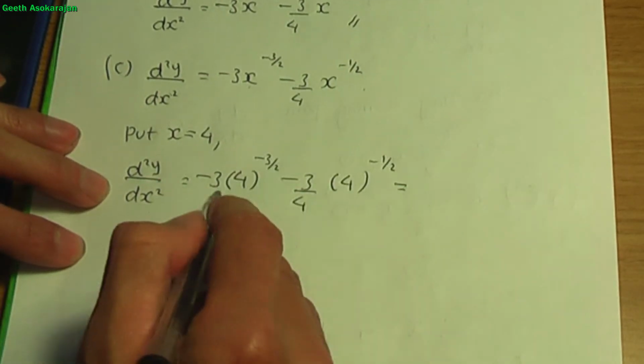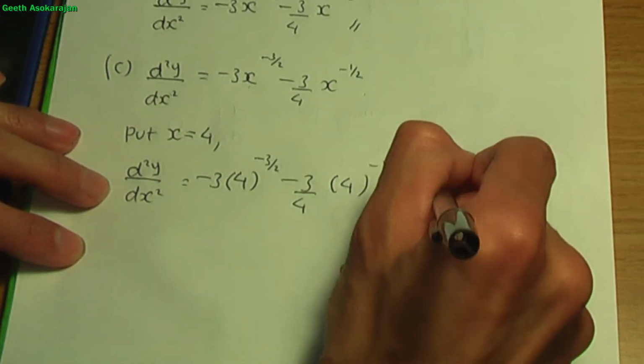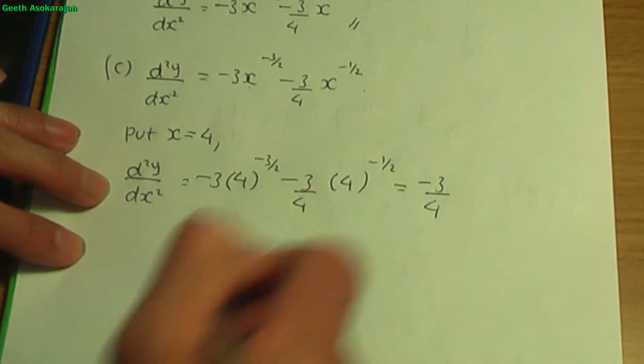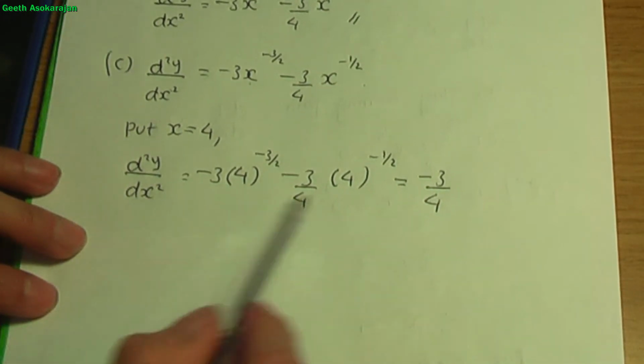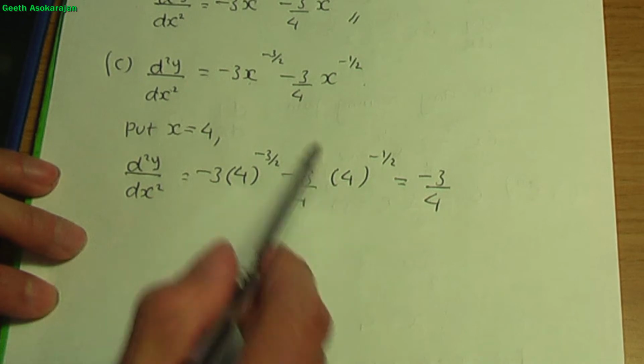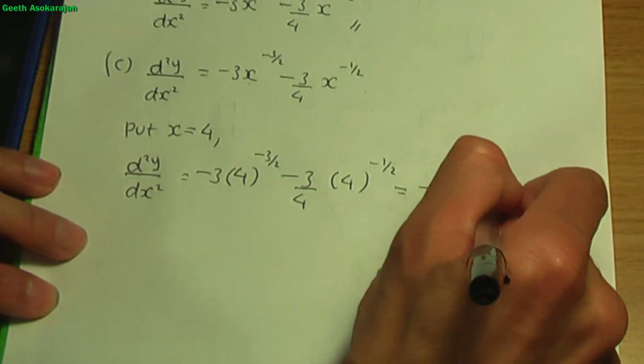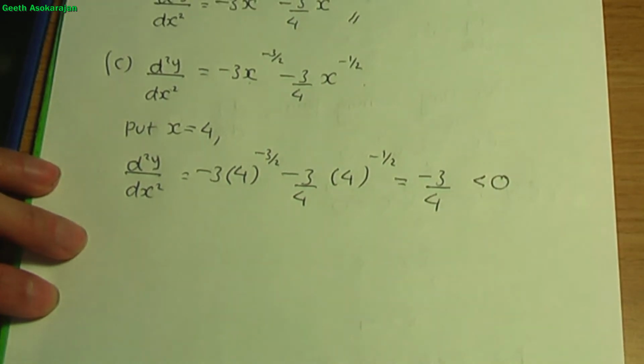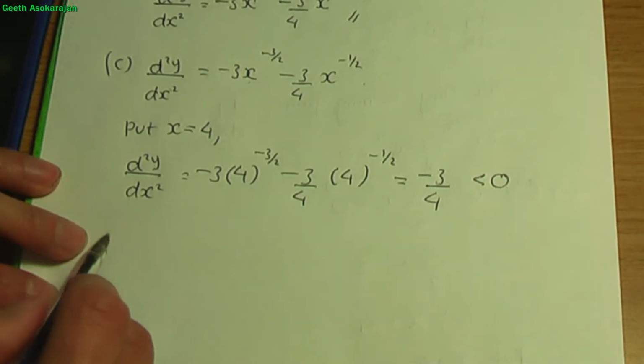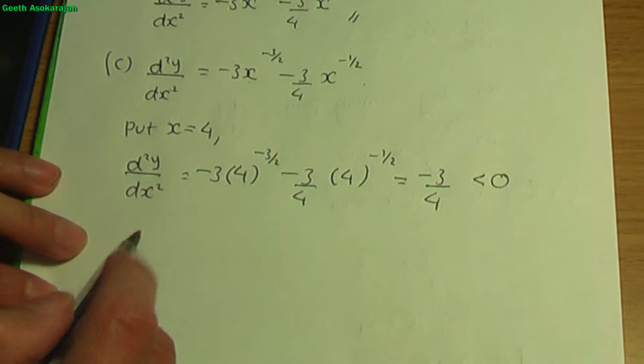Now if we do this calculation, you should get an answer of minus 3 over 4. If the value of d2y over dx squared at the turning point is negative, that means that you have a maximum turning point.